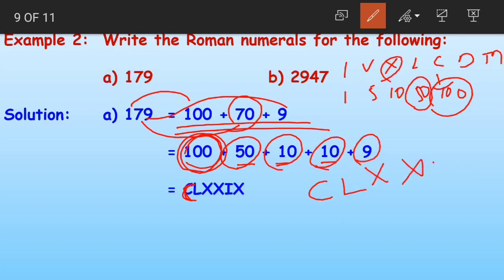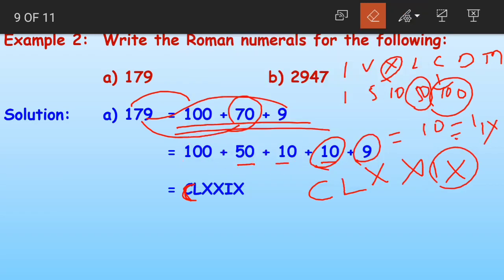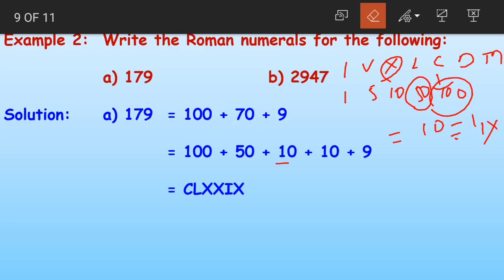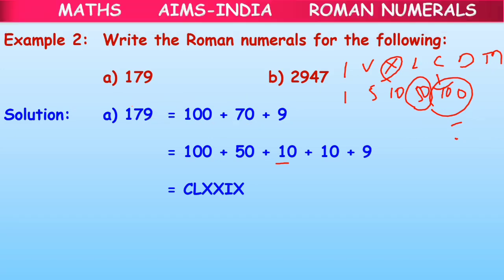And as we know, the symbol for 9 is IX, that is nothing but 10 minus 1, which is equal to 9. Clear, children? So 179 is written in Roman symbols as CLXXIX. C is 100, L is 50, XX is 20, IX is 9.